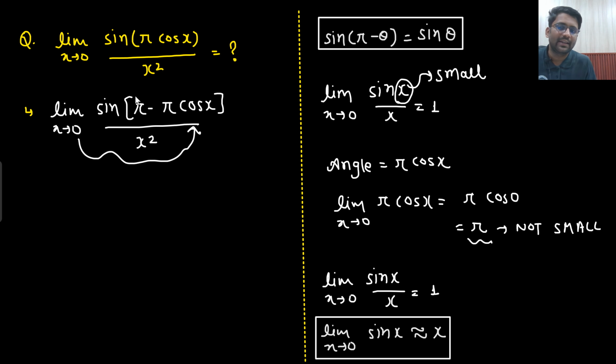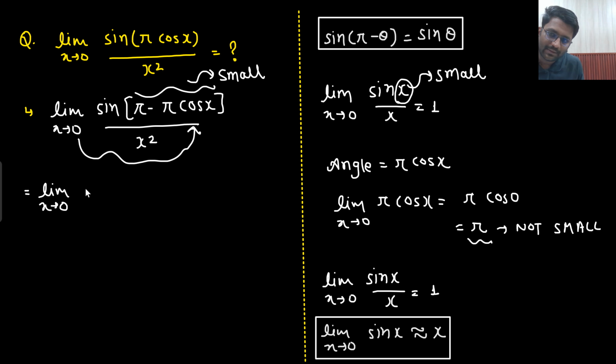Sin pi minus pi, this angle will become small. Right? So either you can apply small angle divided by small angle. So basically what you can do is limit x tending to 0, sine, where the angle I am having is pi into 1 minus cos x.